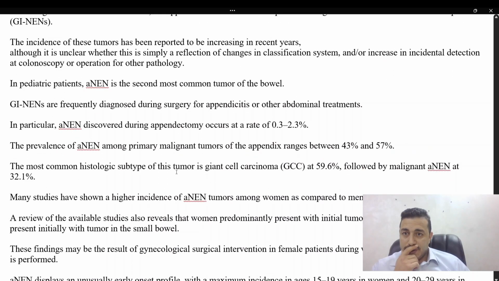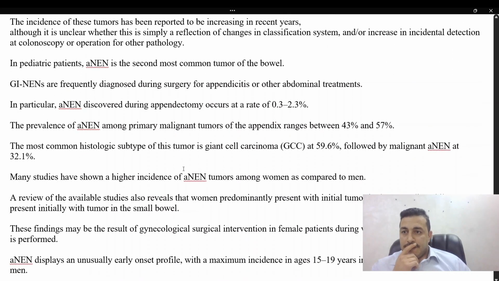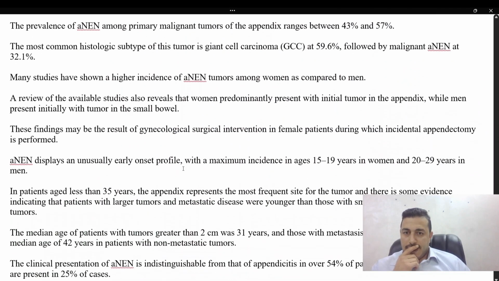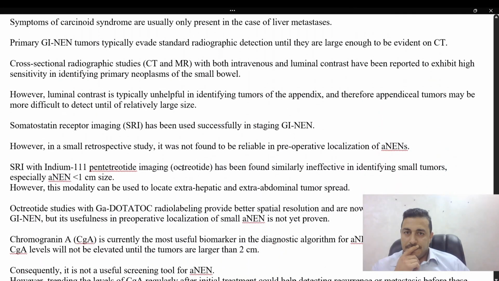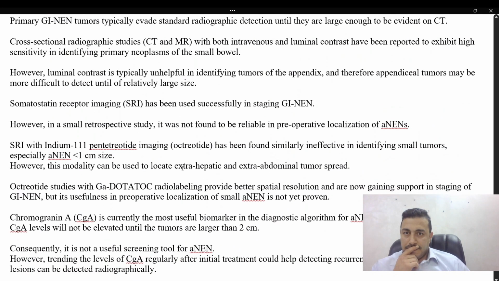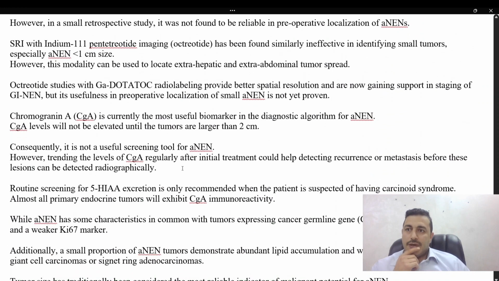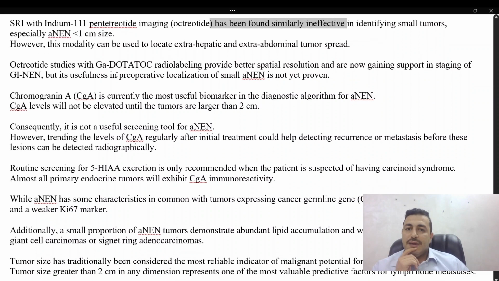This is neuroendocrine tumor. Okay, we actually said that. Octreotide scan helps us. This is the somatostatin receptor. It can help us in finding the appendix tumor. It has been found to be ineffective if the tumor is less than 1 centimeter.